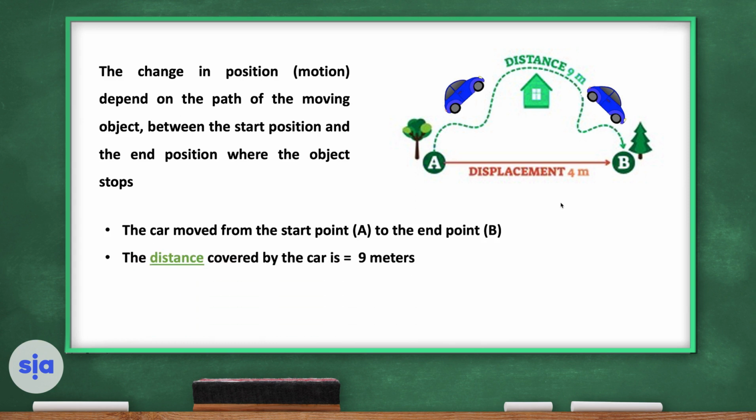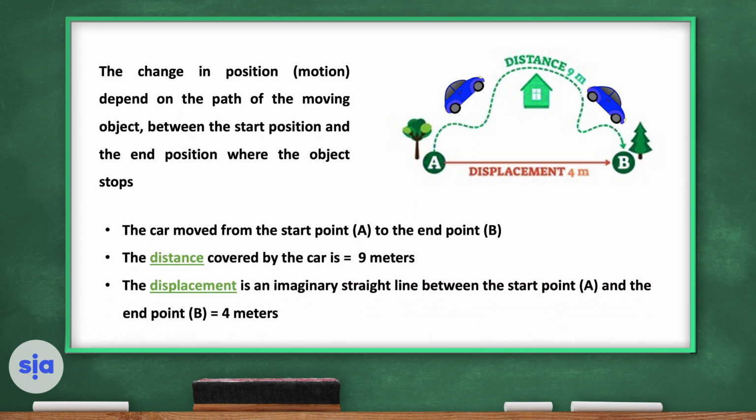We can say that the displacement is an imaginary straight line between the start point A and the end point B. It's a straight line. It's not the actual path of the car. It's just a straight line, the shortest distance between the start point and the end point.